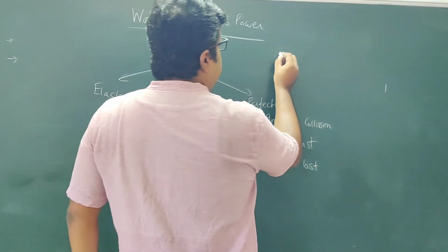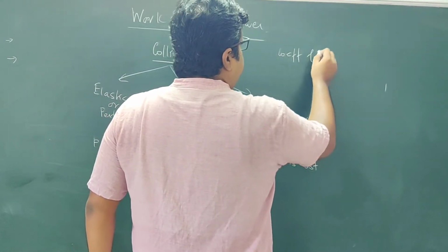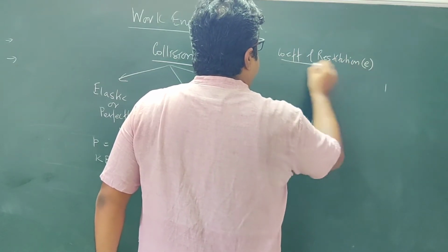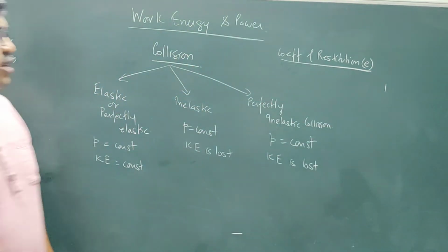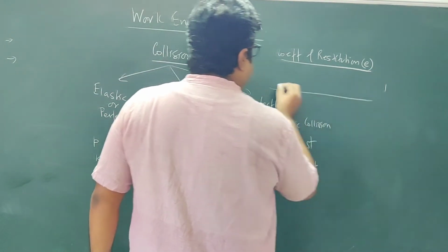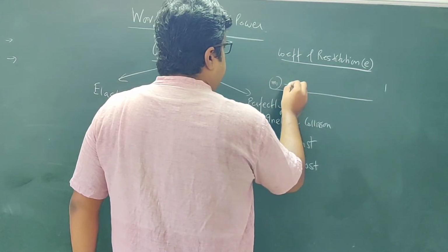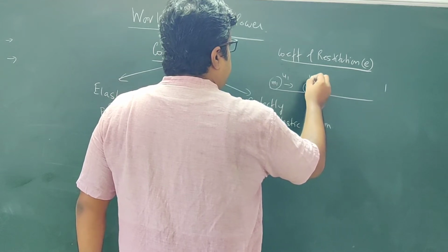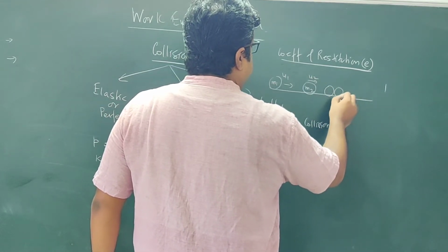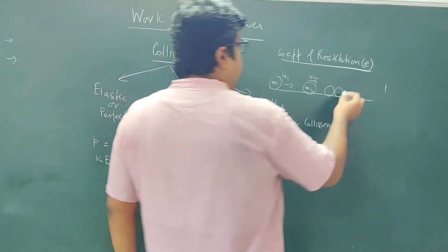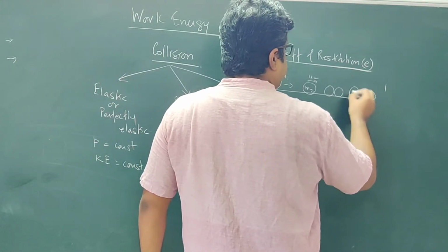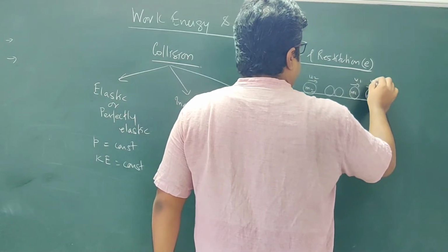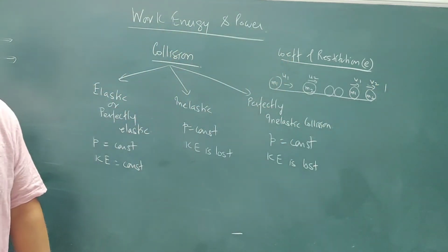For that we need to understand a term called coefficient of restitution, denoted by the symbol e. Now what is this? Suppose this is a horizontal surface. This is M1 moving with velocity U1. This is M2 moving with velocity U2. They are undergoing collision, and after collision, M1 and M2 are moving with velocity V1 and V2.